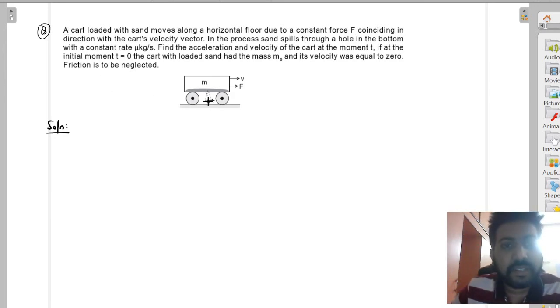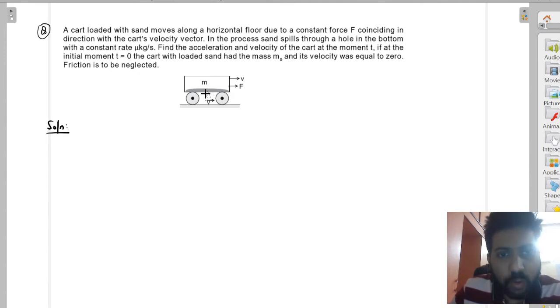In this question, it is given that a cart is loaded with sand. So this is a cart which is loaded with sand and it is moving along a horizontal force. A constant horizontal force F is provided in the system. It is coinciding in the direction with the cart's velocity vector. In the process, the sand spills through a hole in the bottom.